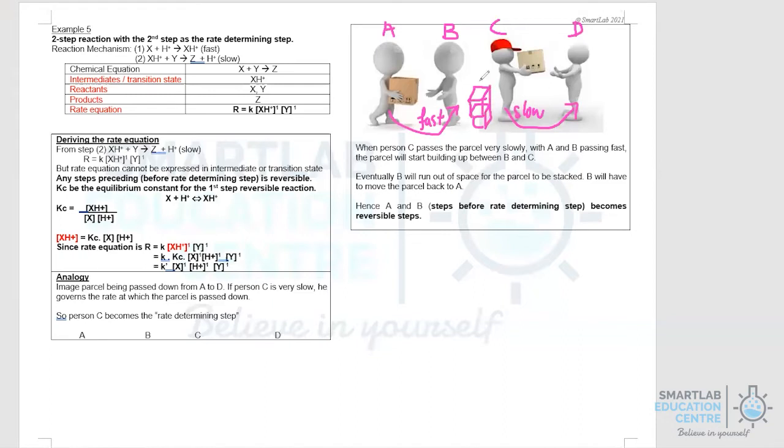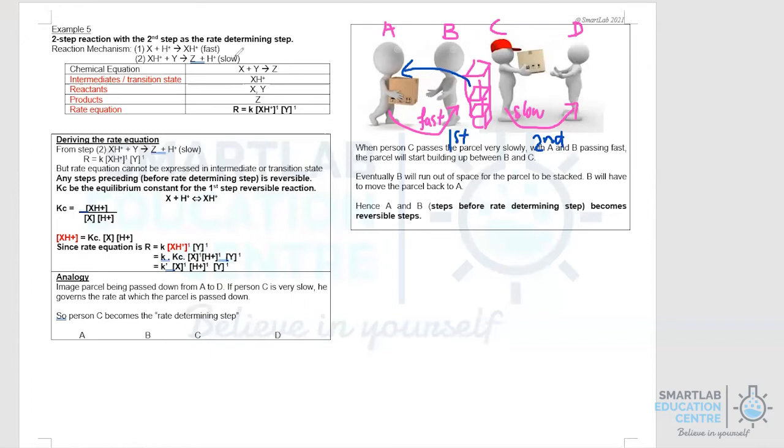After some time, the parcels will be stacked up, and you will find that B will have no choice but to take the parcel and give it back to A, because there's no more space to accumulate the parcels. So based on this example, what we are saying is that if the second step is the rate determining step or the slow step, any step before it, the first step in this example, will be a reversible reaction. Even though in the equation they did not state it, you can safely assume that the reaction would have to be reversible.